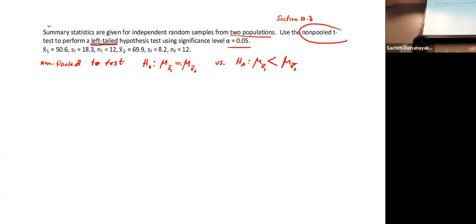Is that clear? Next, you have to find alpha. Alpha is given, so no problem with that. Since this is one tail, find t alpha, not alpha over 2, and the degrees of freedom.